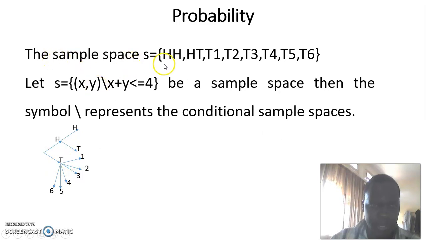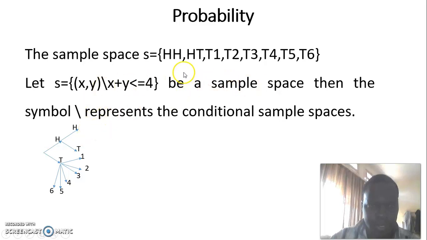So our sample space S is given by this set. It will be a head and a head, and a tail and 1, a tail and 2, a tail and 3, a tail and 4, a tail and 5, a tail and 6.